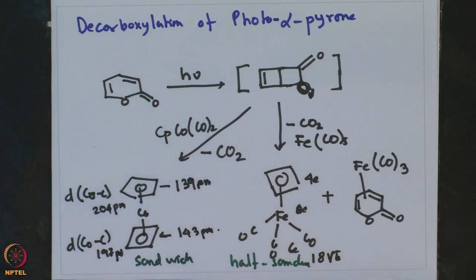So, with this I would like to come to the end of today's class, in which we have looked at various preparative methods that are available for the preparation of transition metal cyclobutadiene complexes. To reiterate, we have come across some very elegant examples in which one can see ring contraction leading to this.